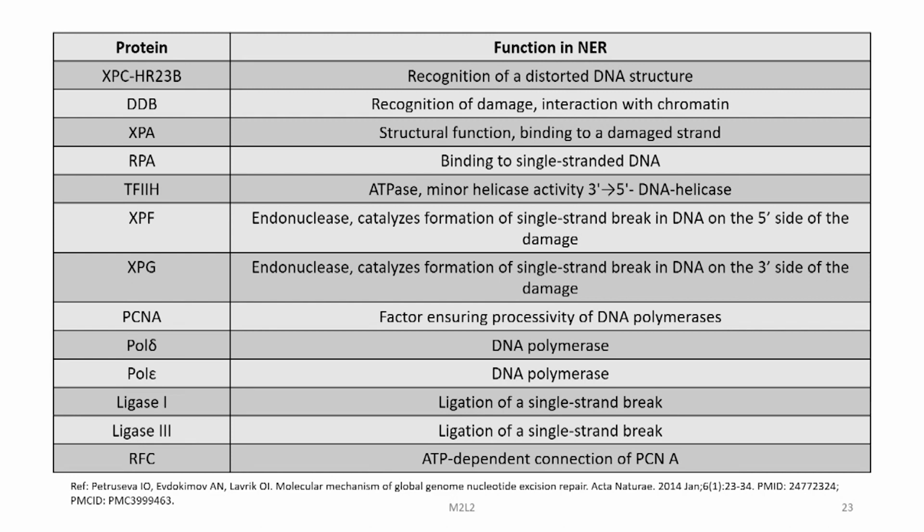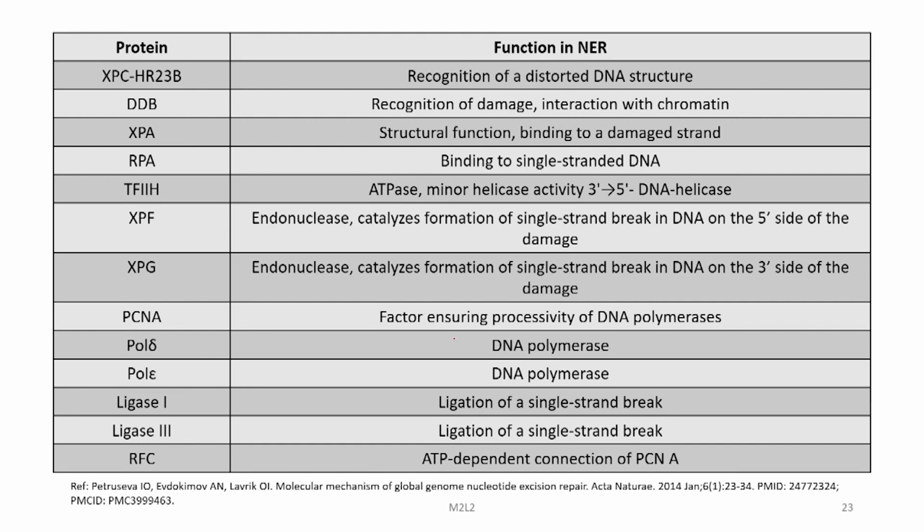Then TFIIH has ATPase activity, minor helicase activity, and 3' to 5' DNA helicase activity. XPG is an endonuclease and catalyzes the formation of a single strand break in DNA on the 5' side of the damage. XPF is an endonuclease which catalyzes the formation of a single strand break in DNA on the 3' side of the damage.